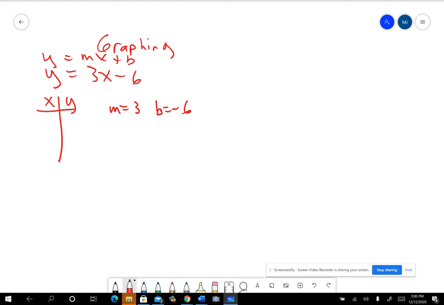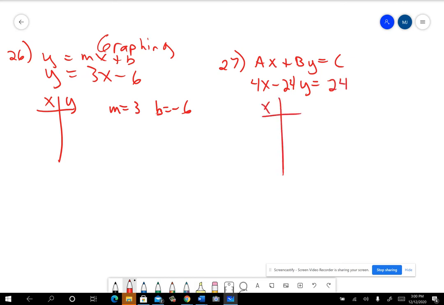If I have a problem like 24, this was 27, 27 has the ax plus by equals c format. That's the standard form. Okay, and so that one, if I'm given a problem that's in that form, like this one was, then I might just use my chart and maybe plug in a 0 to get the intercepts.